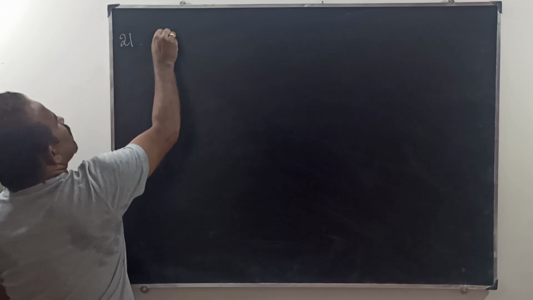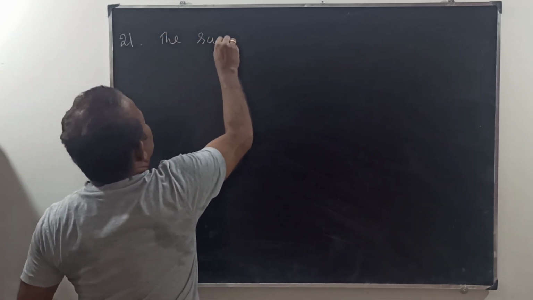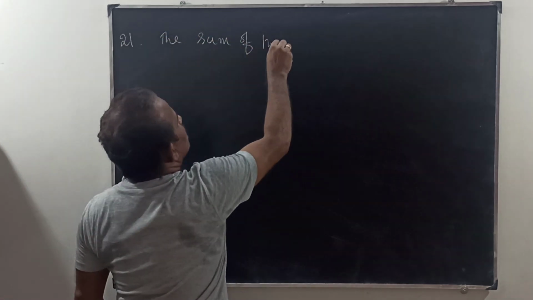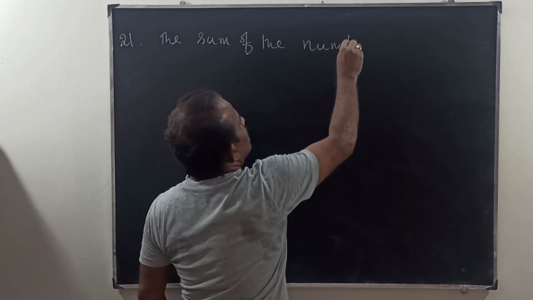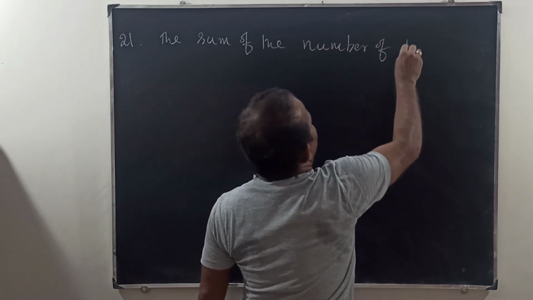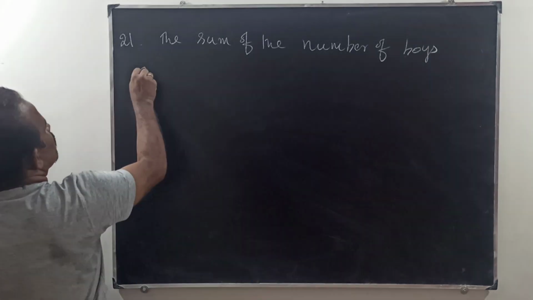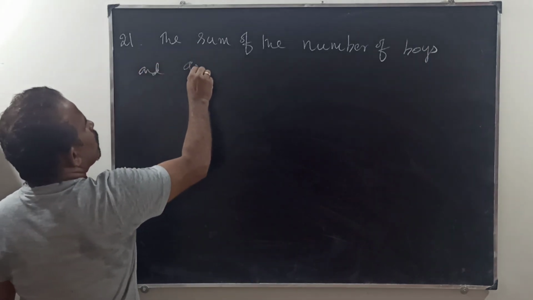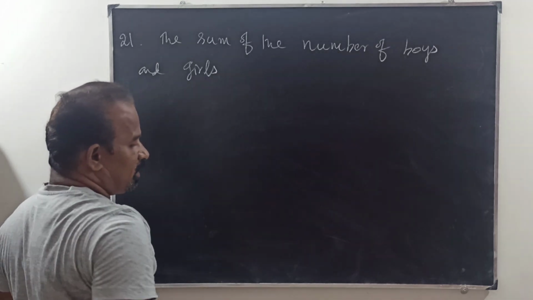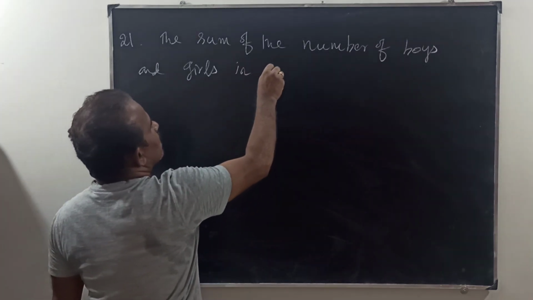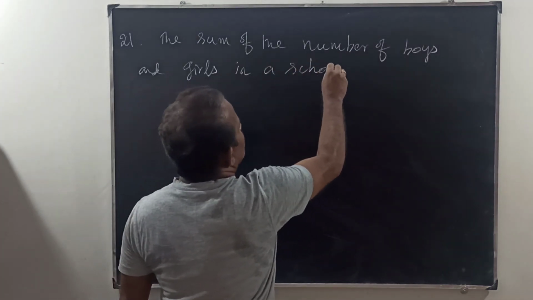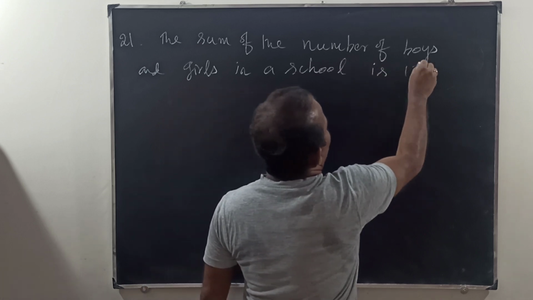The sum of the number of boys and girls in a school is 150.